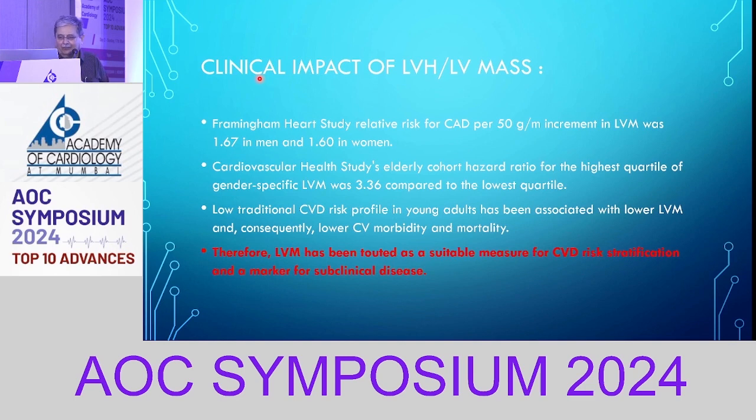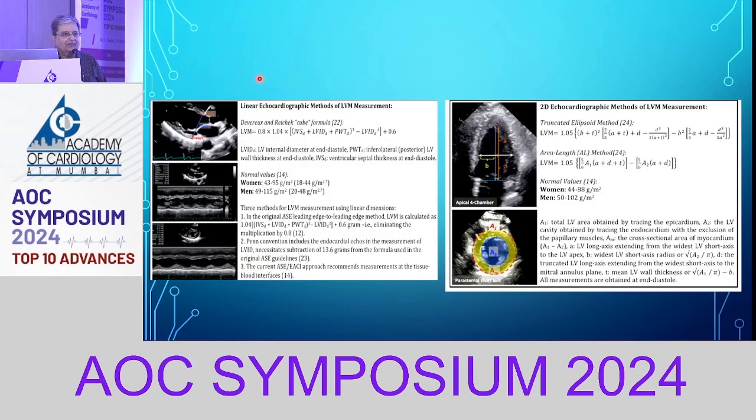So LV mass has been found to be a suitable measure for CVD risk stratification and a marker for subclinical disease. And this is how we calculate left ventricular mass. Actually, this is the common method that we use. We take a cross-section of the left ventricle. We judge the outside area, the epicardial, and the endocardial.